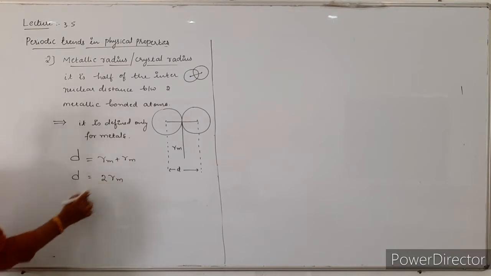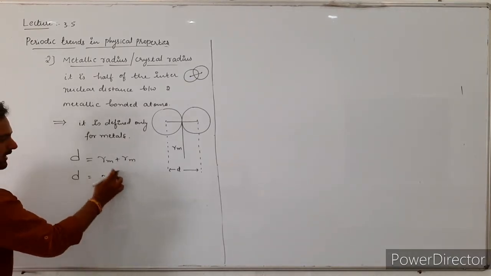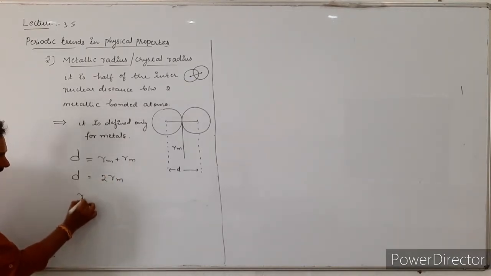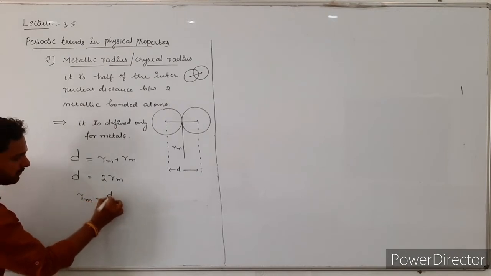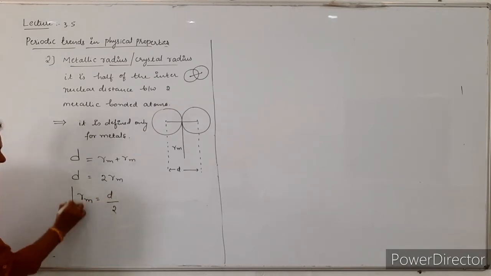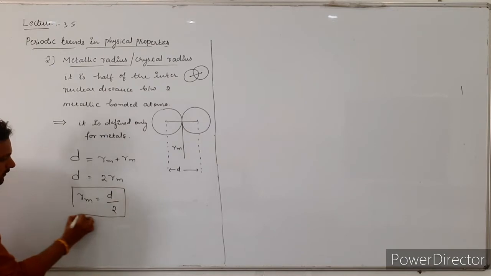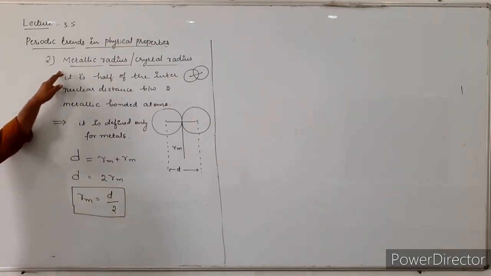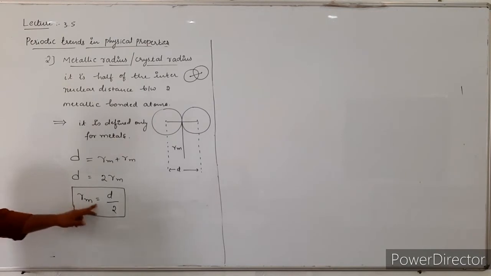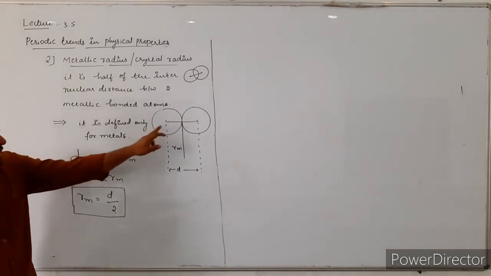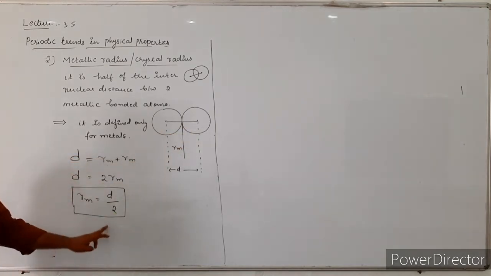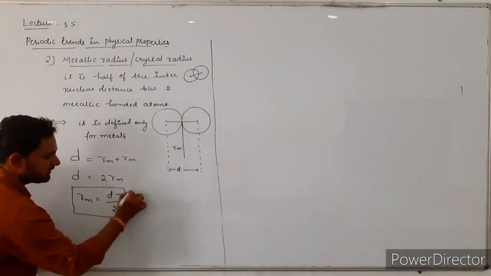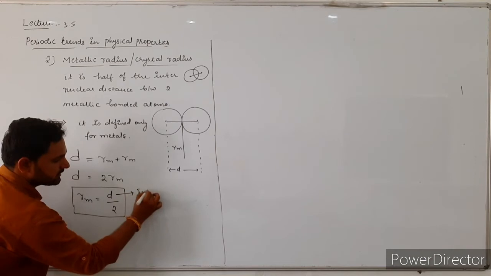If you want to calculate metallic radius, then Rm is equal to D by 2. This is the mathematical expression for metallic radius. Metallic radius is equal to the internuclear distance between two metallic bonded atoms divided by 2.